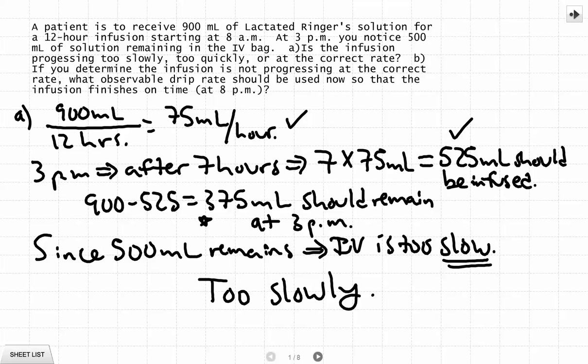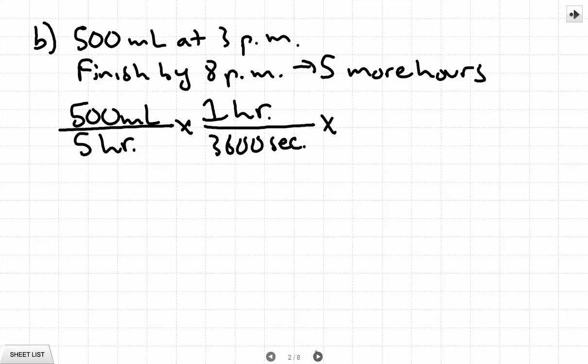I didn't. So let's just say, for the sake of argument, that we are working with an IV calibration rate of 15 GTTs per ml. So that's my fault, but that's what we're going to do. So with 15 GTTs per ml, that's the IV calibration.